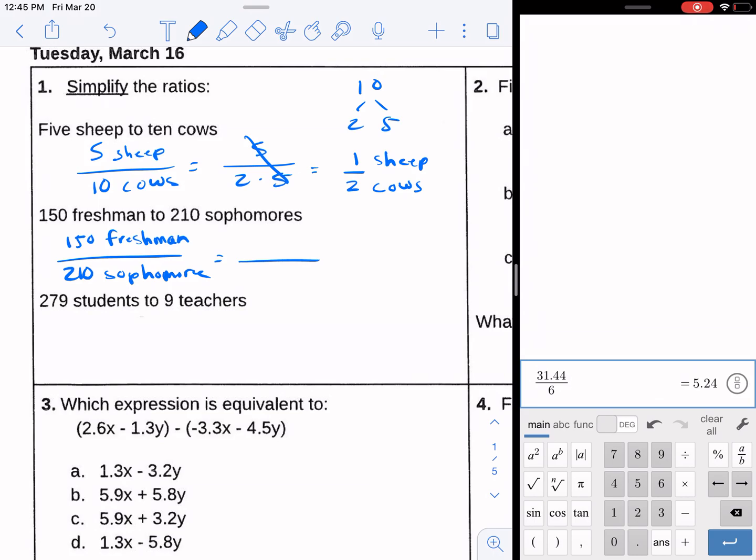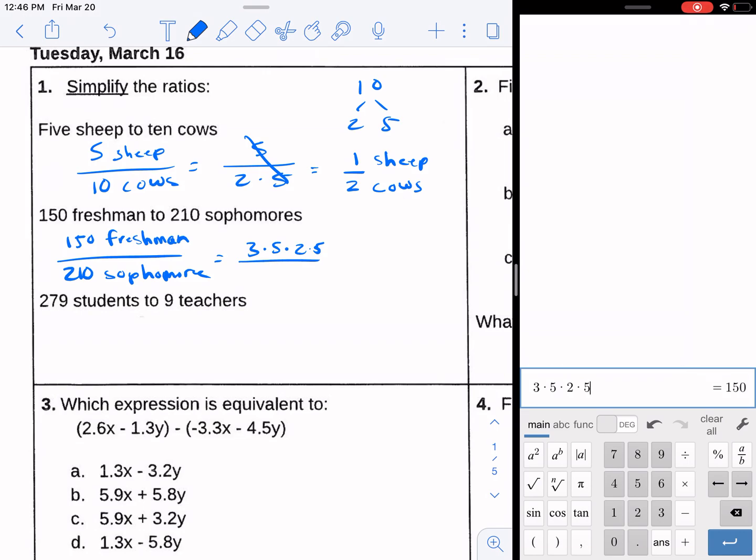So 150, well, that is 50 times 3. But I know that 50 is 10 times 5. I know 10 is 2 times 5. So if I have, I'm going to prove, you can prove it. So 3 times 5 times 2 times 5, like that, 150.